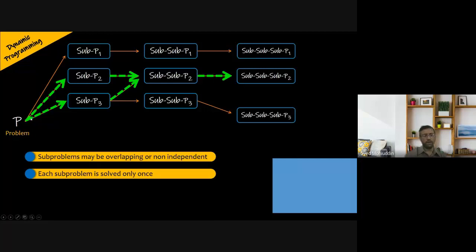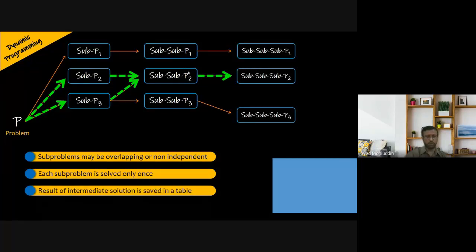If we have to make a decision from sub-problem P2 to sub-problem P2, and then again from sub-problem P3 to sub-problem P2, we will not be computing sub-problem P2 again and again. It's only done once in the dynamic programming approach. And the results of these sub-problems, which are known as intermediate results, will be saved in a table. So the dynamic programming approach always takes the help of a table, and the decisions are made based on the values inside those tables.